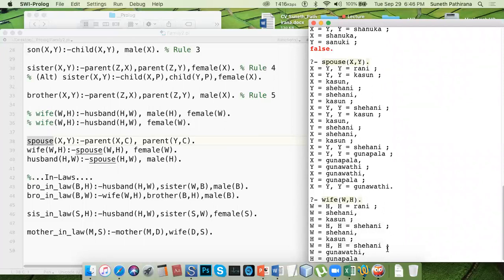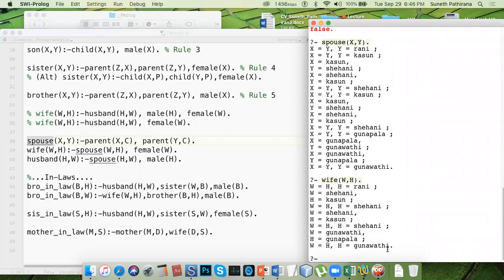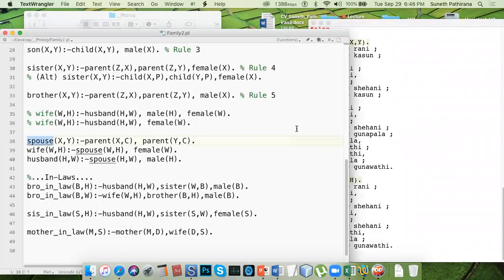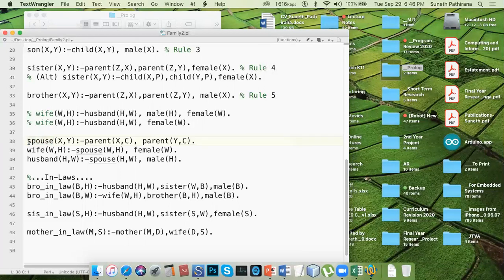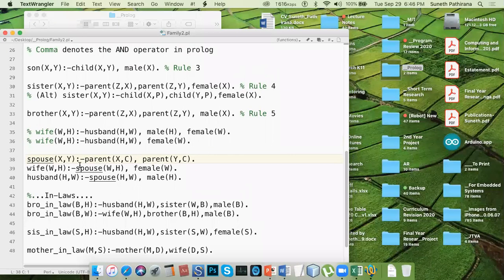Gunavati and Gunapala are wife and husband. Shall we see what we can do?